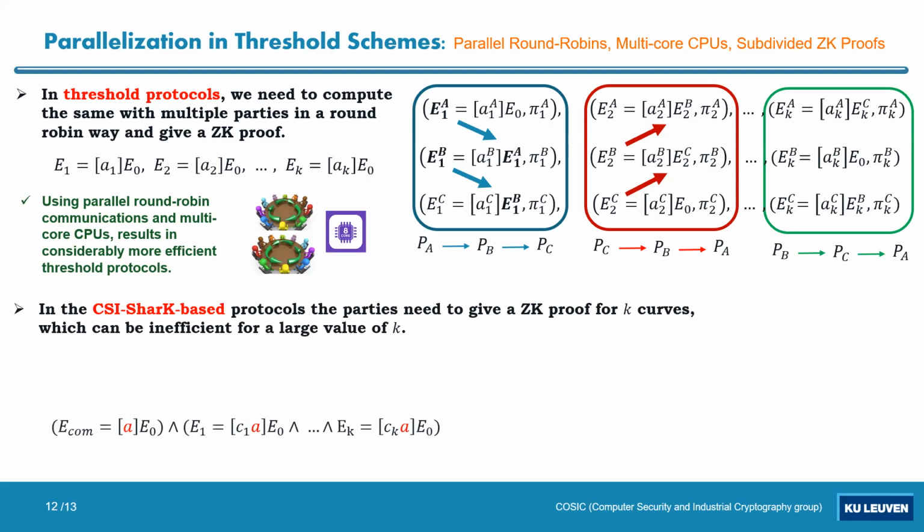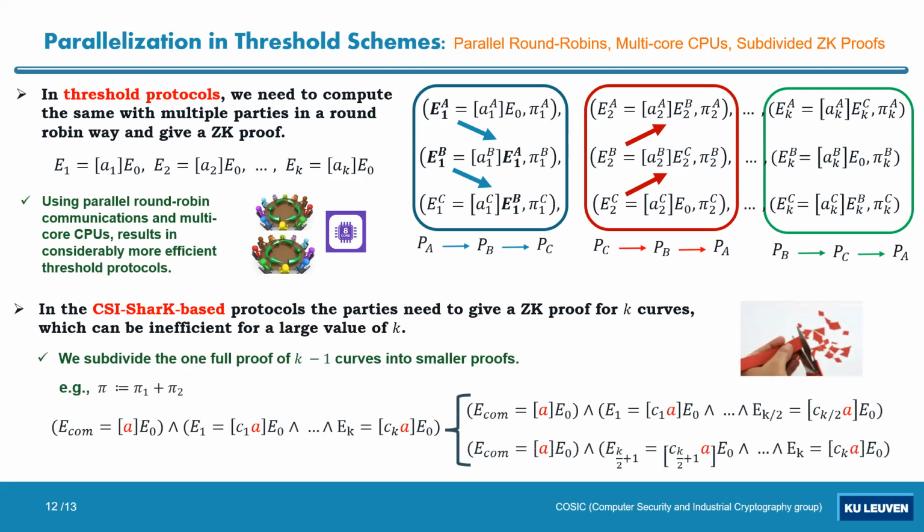And in the CSI-SharK setting, we have this issue that I mentioned. We have a huge zero-knowledge proof. The statement is quite long, 1,000 curves. So sometimes we don't have 1,000 CPUs either. What we show is that you can divide these proofs. Instead of proving one huge proof, you can divide this proof into several parts, because what you need is to prove that I used the committed curve, this isogeny, to compute this structured public key.